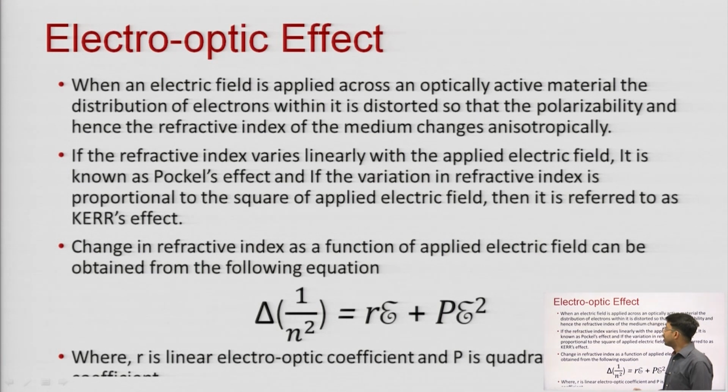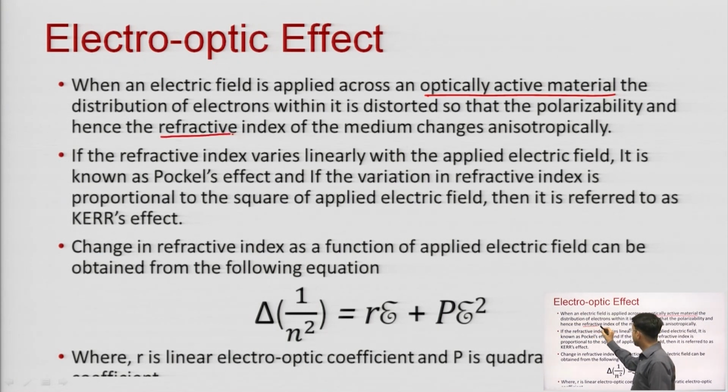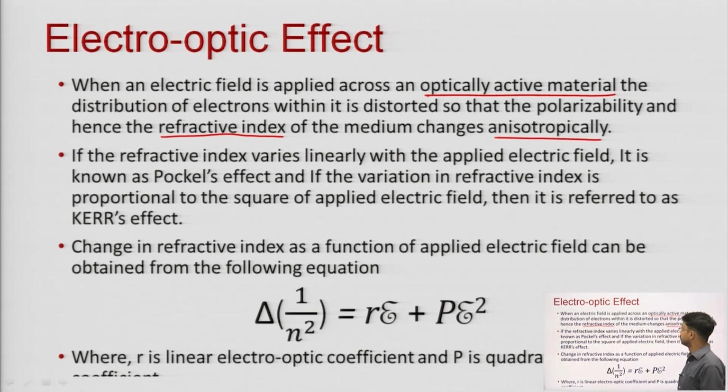When an electric field is applied across an optically active material, the distribution of electrons within it is distorted, so that the polarizability, and hence the refractive index of the material, changes anisotropically. So, its polarizability and refractive index change according to the applied electric field.